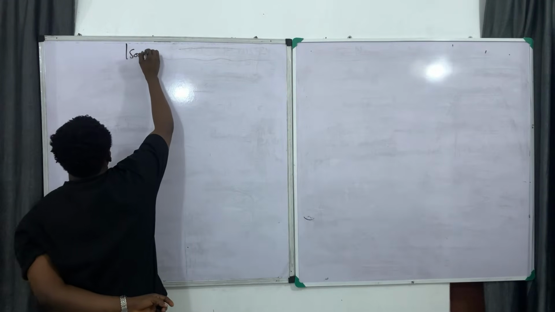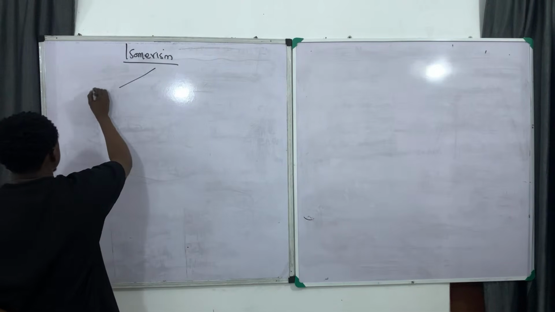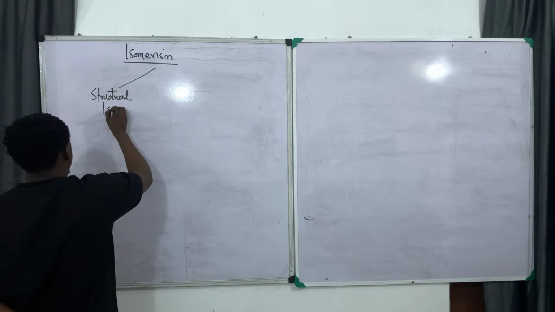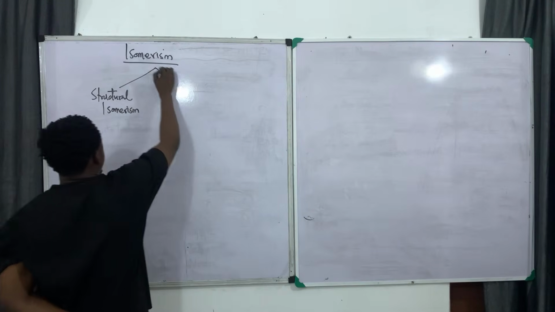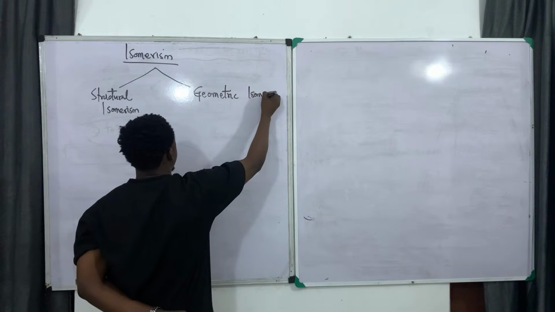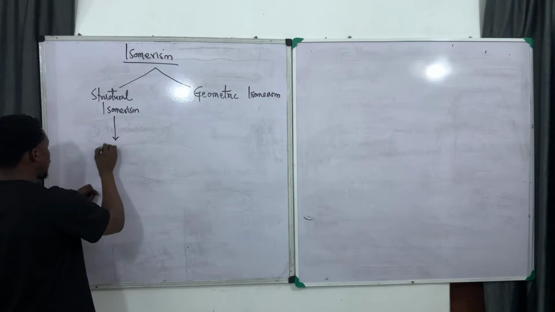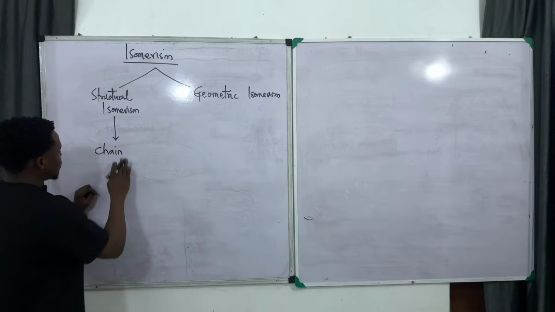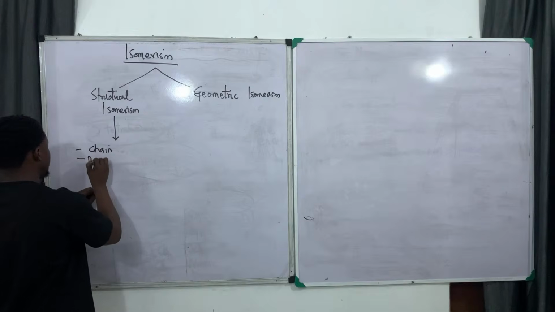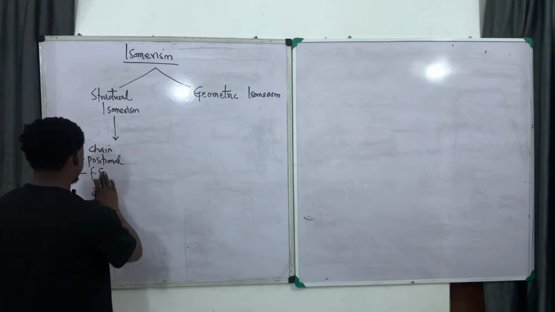Isomerism. Now we have two types. Under this, JAMB said we should only look at chain, positional, and functional group.